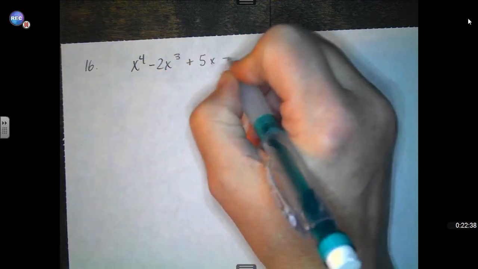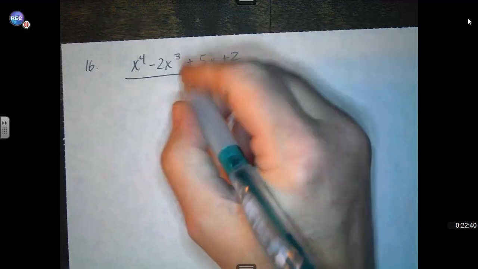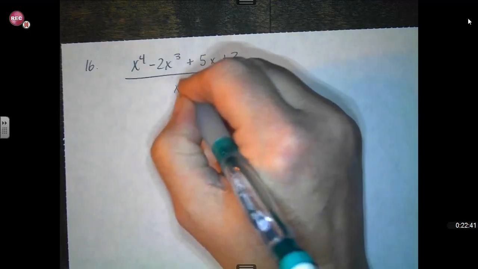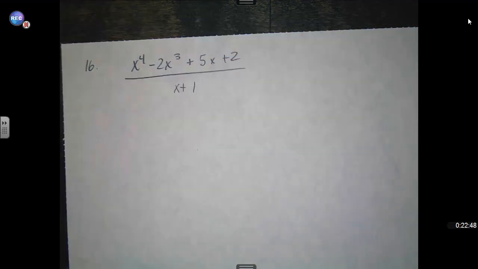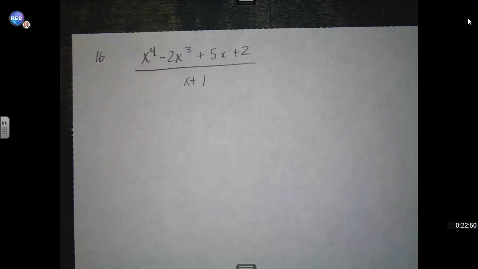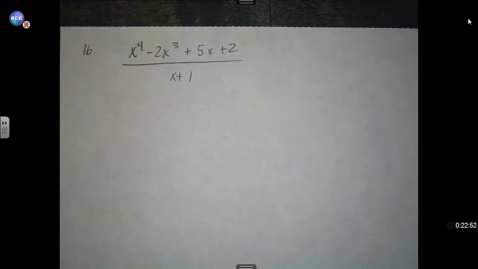Then, let's see, number 16 says find the quotient and remainder when x to the 4th minus 2x cubed plus 5x plus 2 is divided by x plus 1. And what we did there is we used synthetic division to do this.